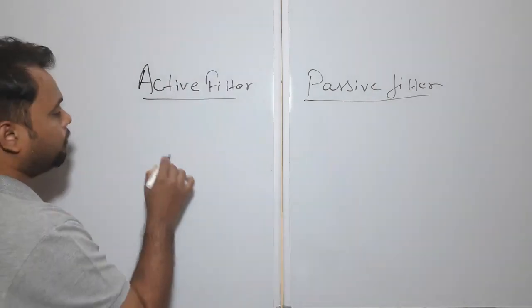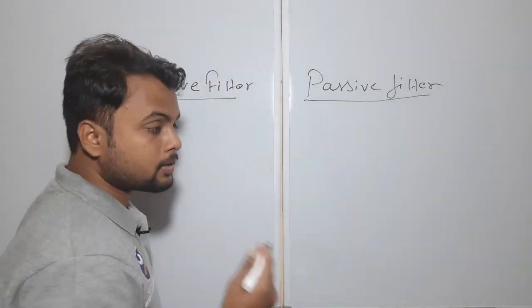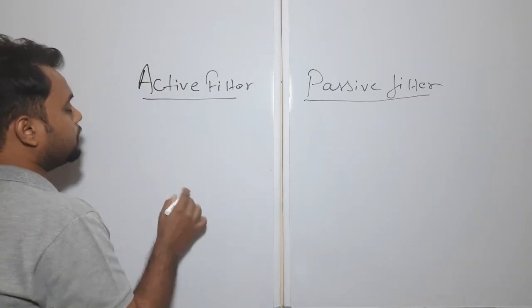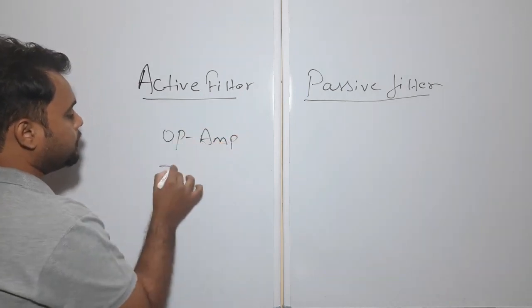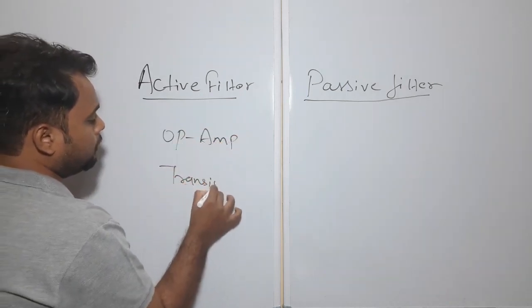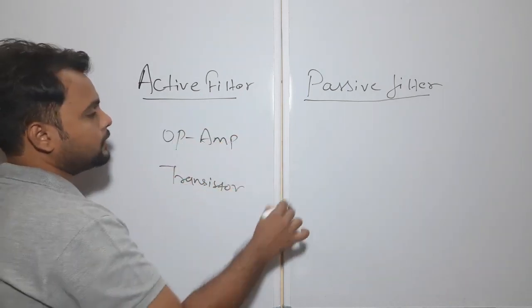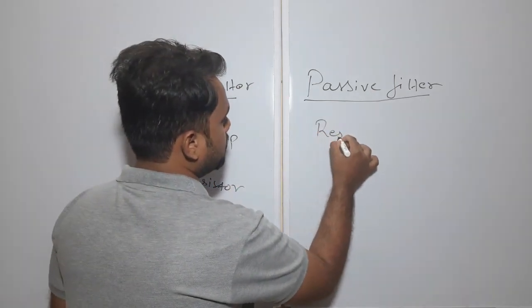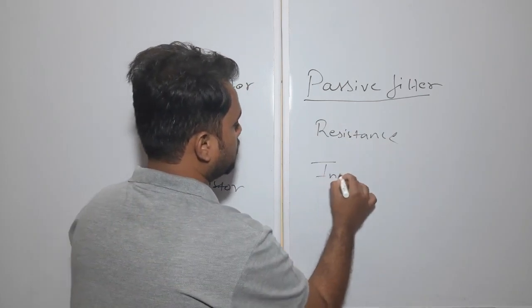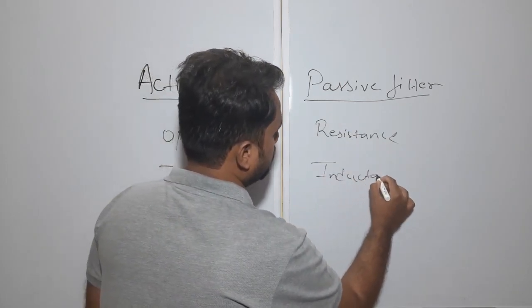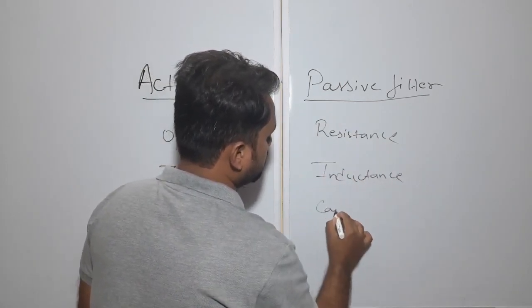Likewise, an active filter is a filter made with the help of an op-amp or a transistor, and a passive filter is a type of filter which uses resistance, inductance and capacitance.